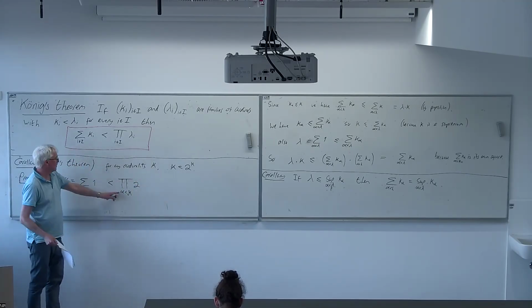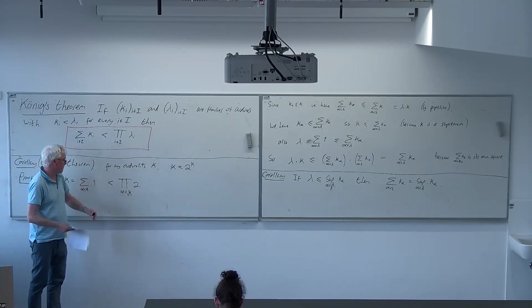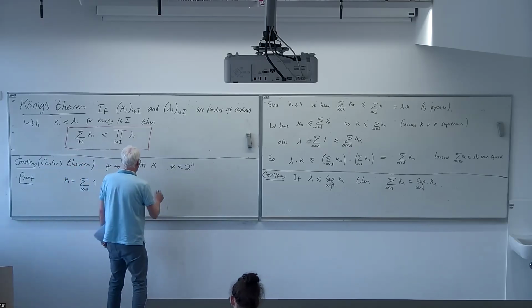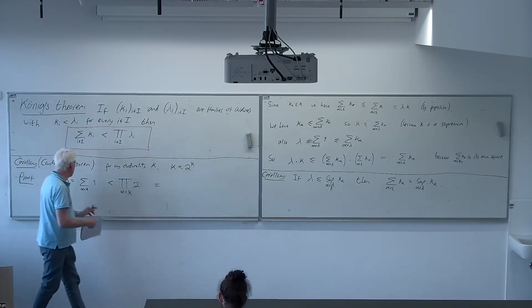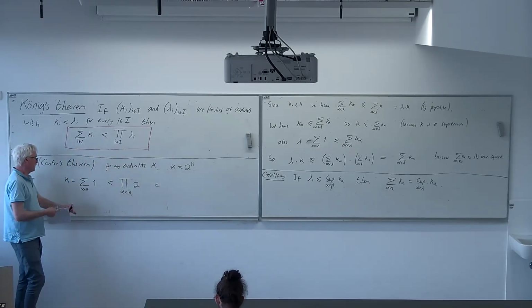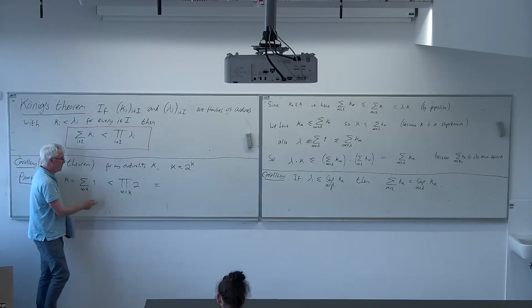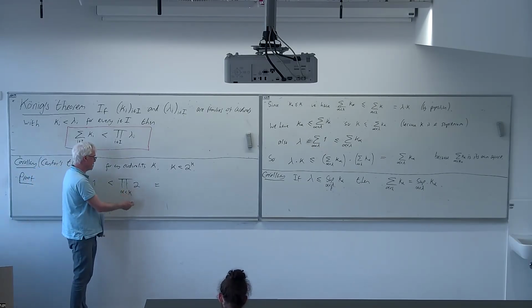So the product of kappa many copies of 2, that's like the way we went from a sum of a constant thing, which is always just the constant thing times the index set, and a product of a constant thing is the set of all functions from the index set into this.